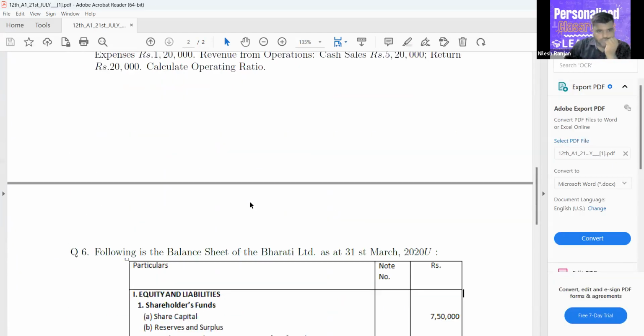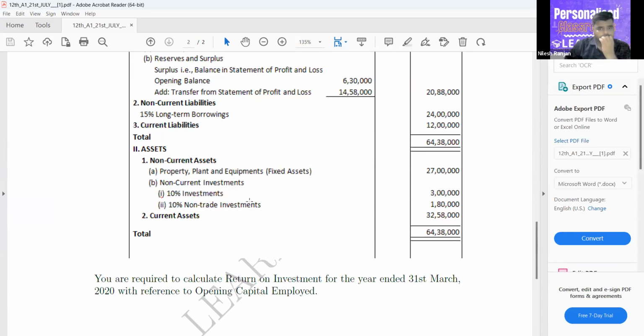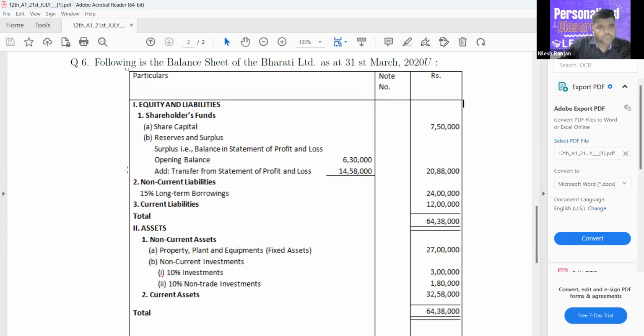In question number 6, tell me, what is your doubt? Sir, I don't know how I should find the net profit before or after tax from the balance sheet.